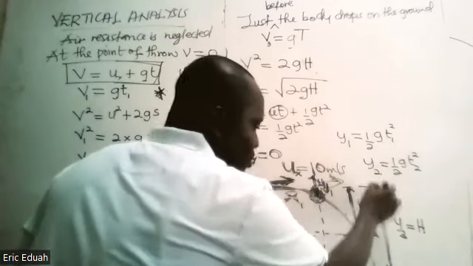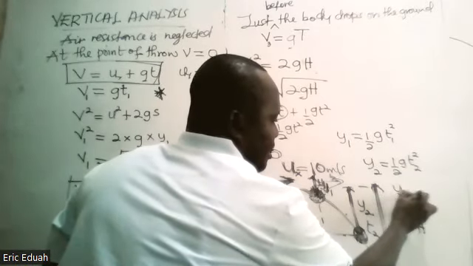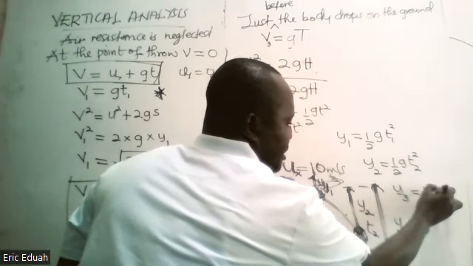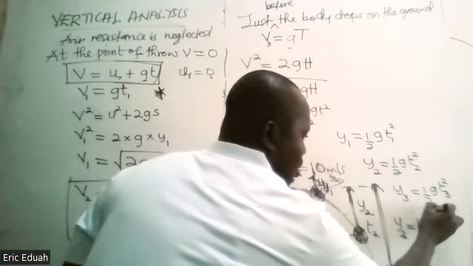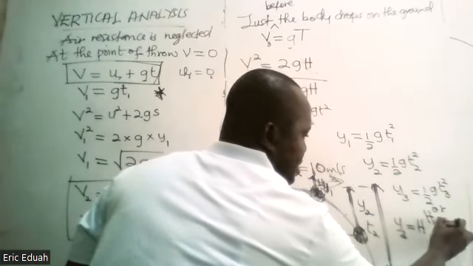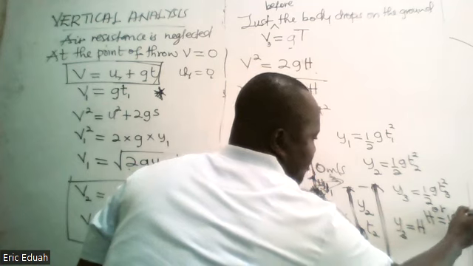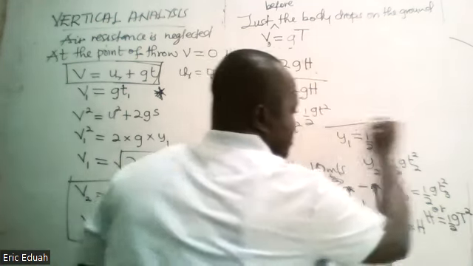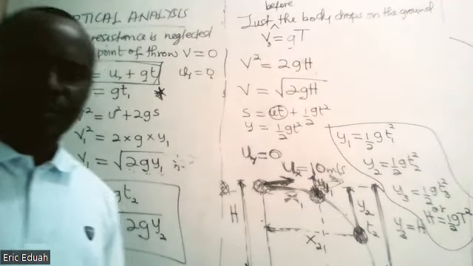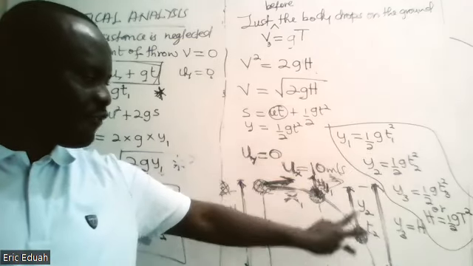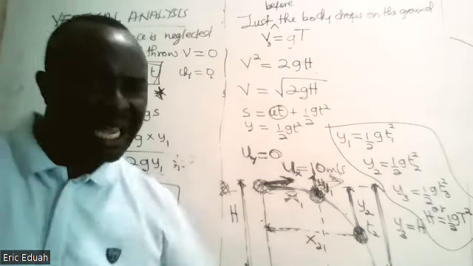If I want Y3, which is equal to the whole height, then Y3 must be equal to half g times T3 squared, or H is equal to half g times time of flight squared. So this represents the equation for determining the vertical height covered by the body with time.